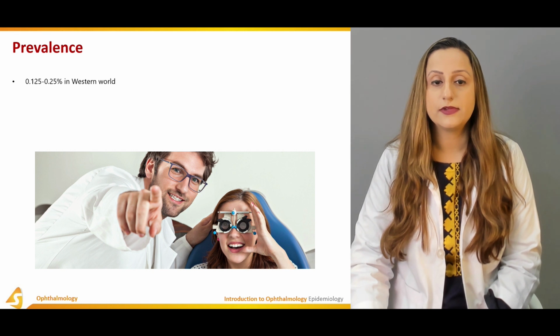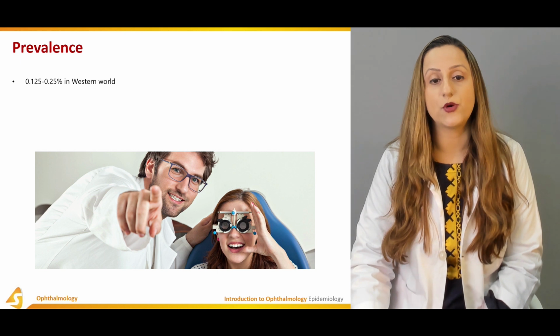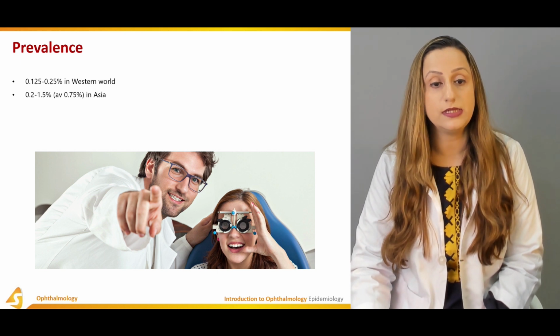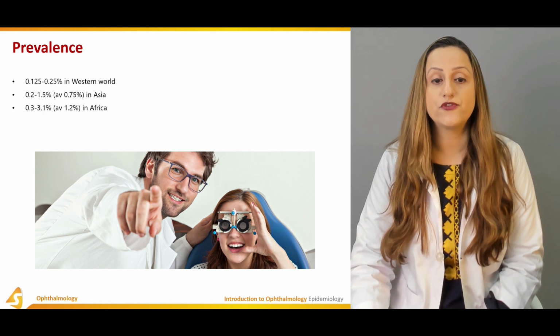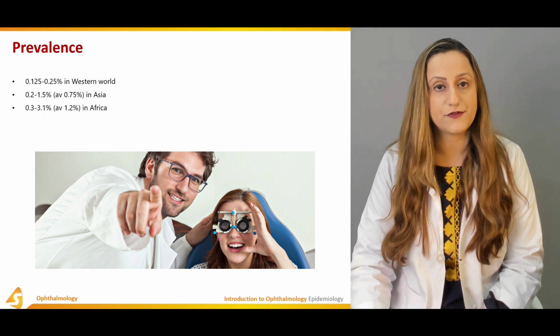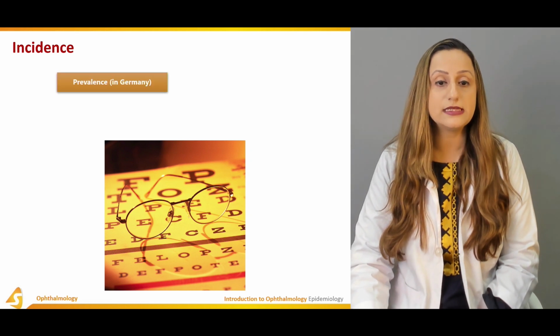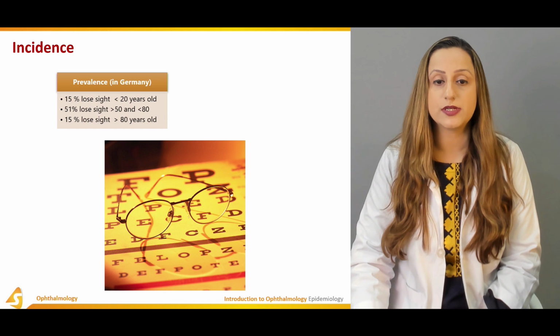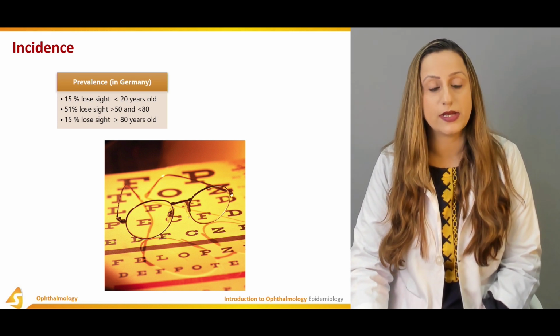Then just having a look at the prevalences, it's almost 0.125 to 0.25% in the Western world, 0.2 to 1.5% in Asia, 0.3 to 3.1% in Africa. And then looking at the incidences, the prevalence in Germany is almost 15% lose sight, 51% lose sight as well.